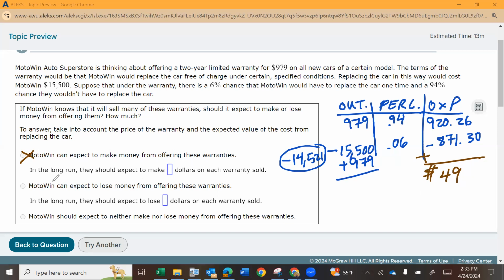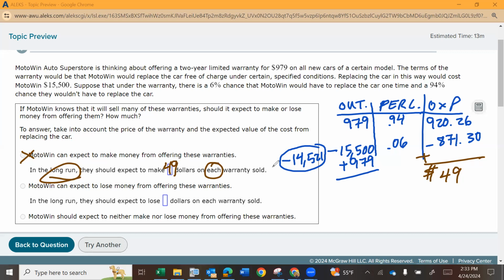So in the long run, in other words, if they sell a ton of warranties, not just 5 or 10 or 100, but a ton of these warranties over a long time, then they should expect to make $49 on each warranty sold, not total, but every single warranty.